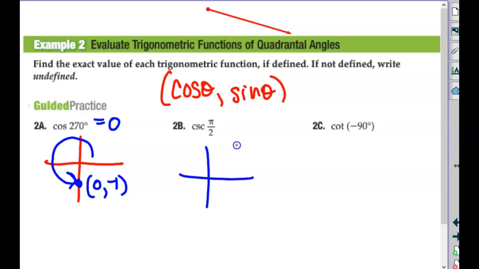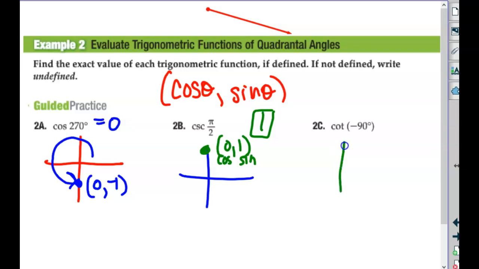Pi over 2 is up here, which is over 0, up 1. Cosecant, well, this is cosine, and this is sine. Which one am I doing the reciprocal of for cosecant? Sine. Reciprocal just means put it over 1 and flip it over, so I still get 1.